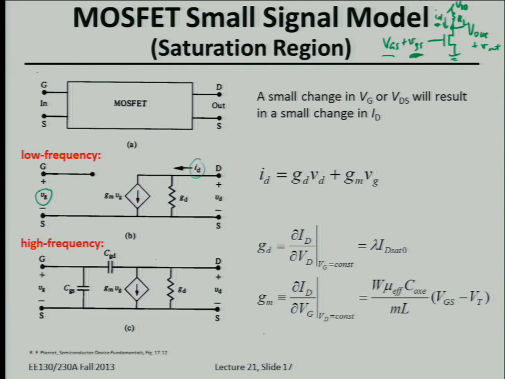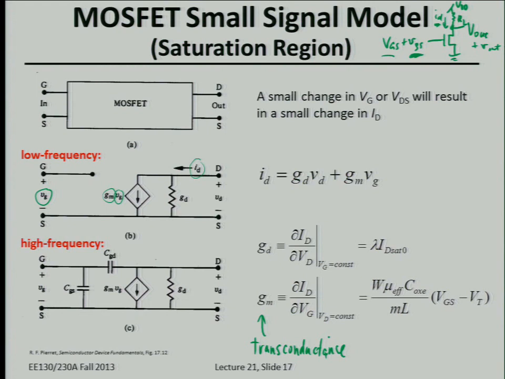There's ideally no current that can flow between the gate and any other terminal because of the oxide. So basically it's an open circuit at the input. But the gate voltage does affect the drain current that flows. Right? So if the gate voltage changes by a little bit, by Vg, then the drain current will change by some amount, which is equal to Gm, the transconductance. So this is the definition of the transconductance.